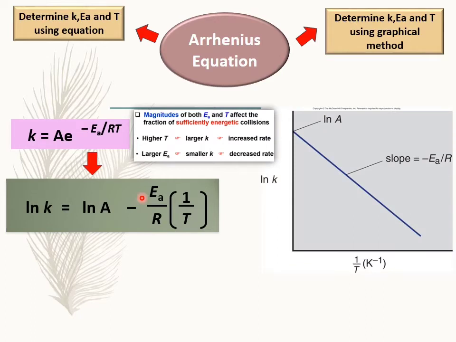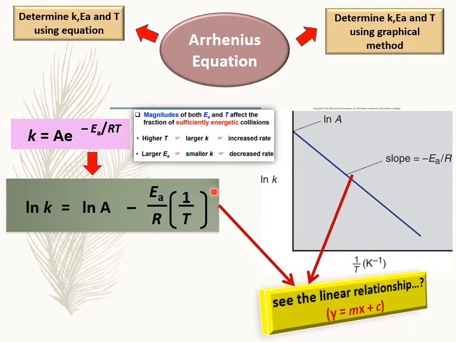So like this. Okay, so normally you are going to plot graph ln k versus 1 over T in Kelvin. Okay, so normally for the linear graph, kita akan guna this formula, right? This equation, y equal to mx plus c.